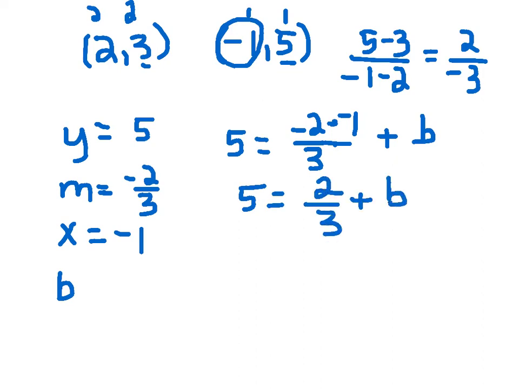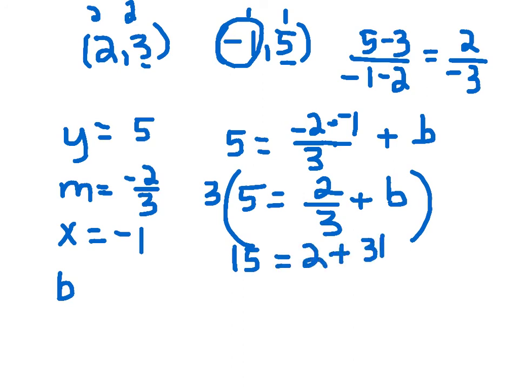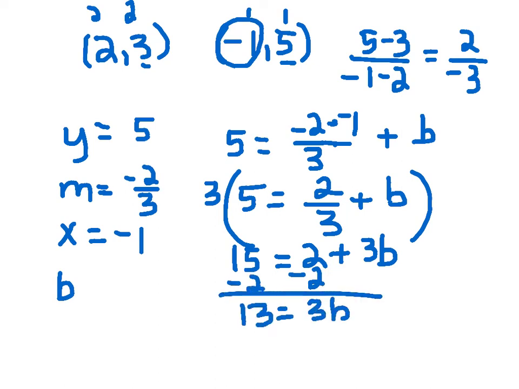Some of you are really good at fractions, and that's fine. You can subtract 2/3 from 5, and you can see it's 4 and 1/3. However, if you get nervous about fractions, we can always use fraction destroyer. 15 is equal to 2 plus 3b. So 13 is equal to 3b.